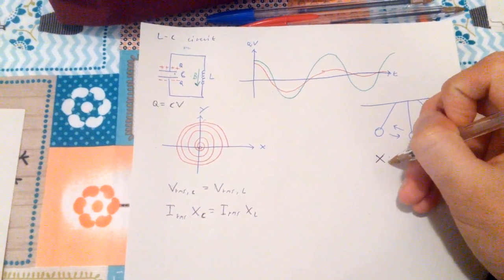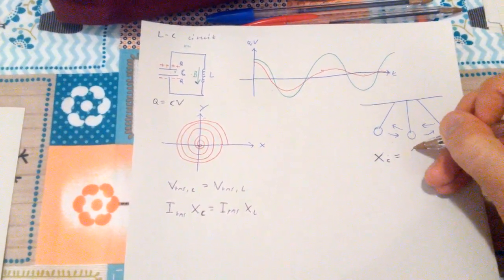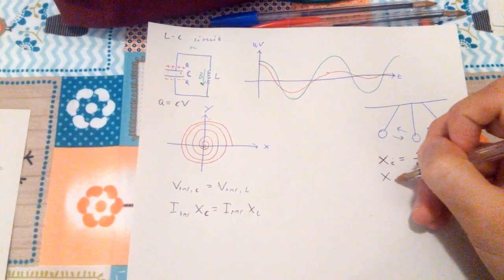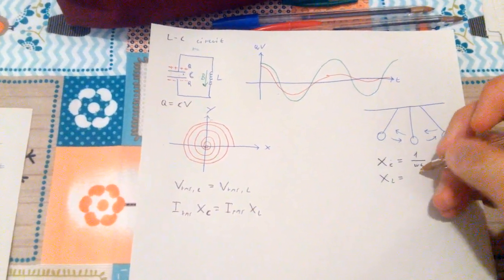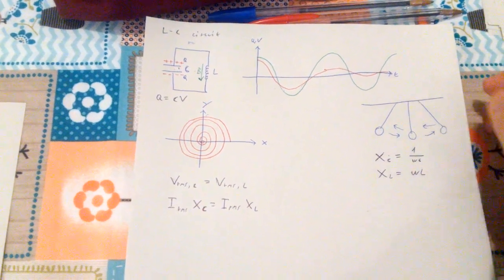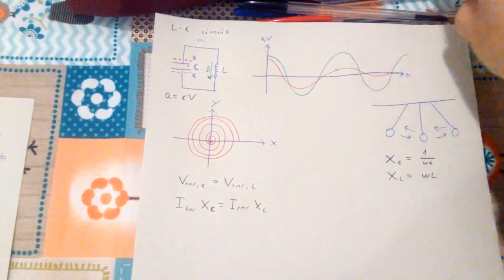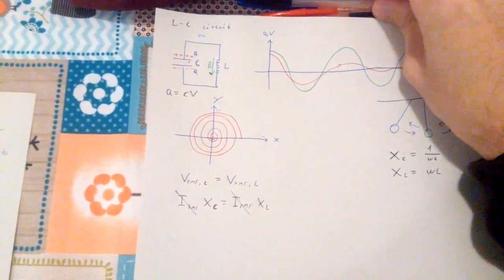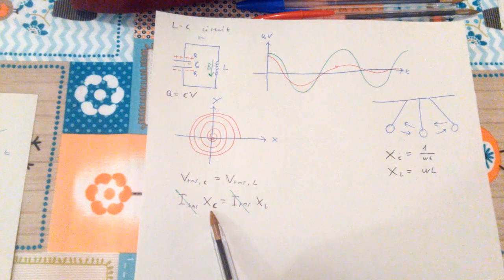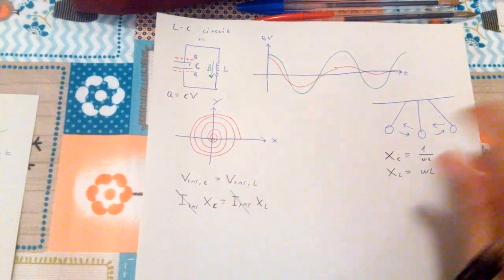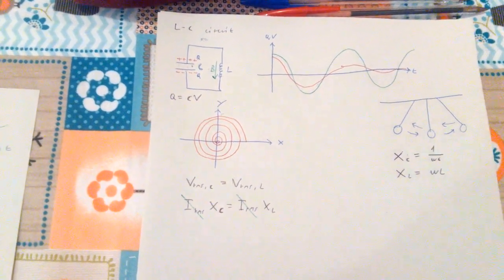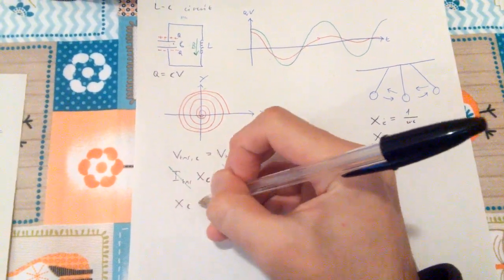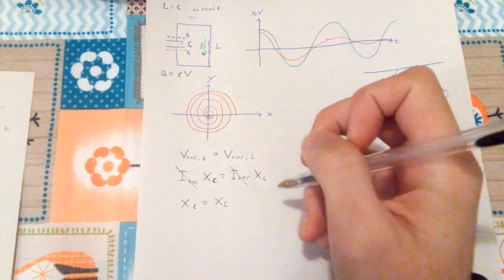So the impedance of a capacitor will actually be 1 over omega C, and the impedance of an inductor will be omega L. Now, we can actually get rid of those Irms and say that the impedance of C is equal to the impedance of L. And then XC becomes equal to XL.